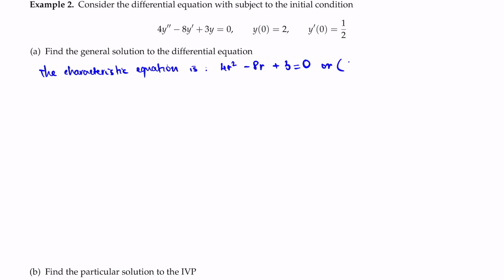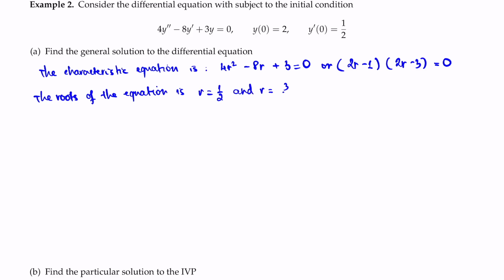Or if you recognize the factored form, then you can do that as well. So here I have the factored form of 2r minus 1 times 2r minus 3 equal to 0. So the roots of the equation are r equal to 1/2 and r equal to 3/2.